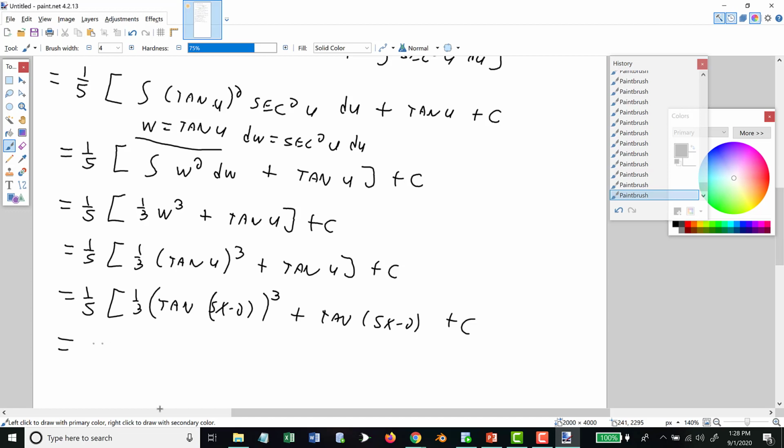Multiply the 1/5 through, and I got 1/15 tangent third power of 5x minus 2 plus 1/5 tangent of 5x minus 2 plus c. And that would be your answer.